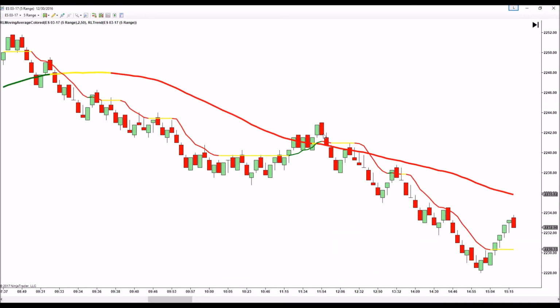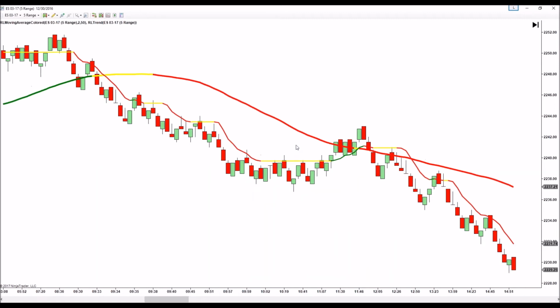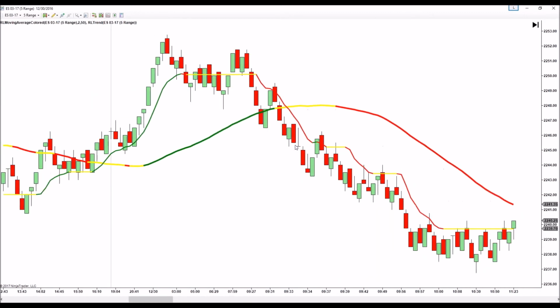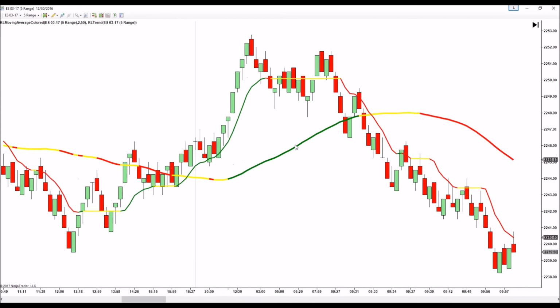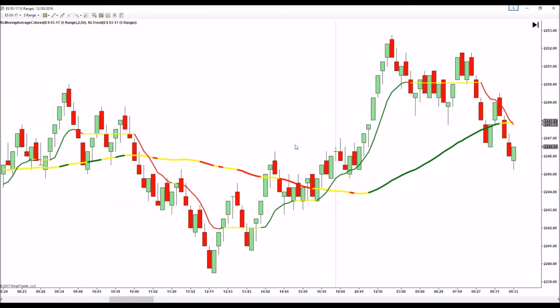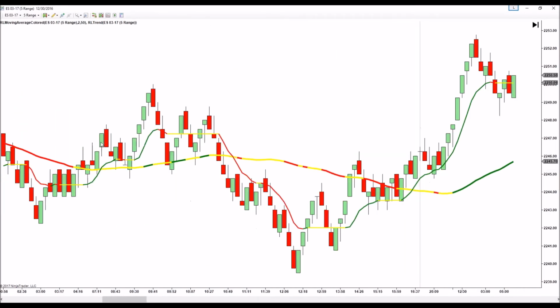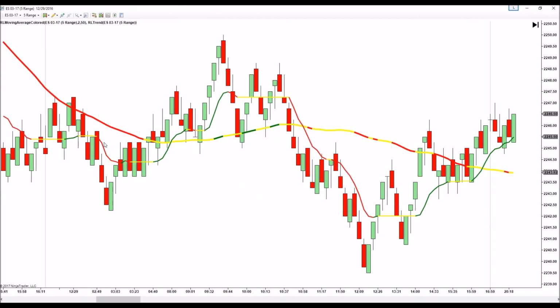If the channel's ill-defined again, I wouldn't trade it. But what you're doing is you're looking at the channels created by, and we used to have a pivot indicator that created a pivot at every jag in the market, but it became such a hassle that we did away with it.